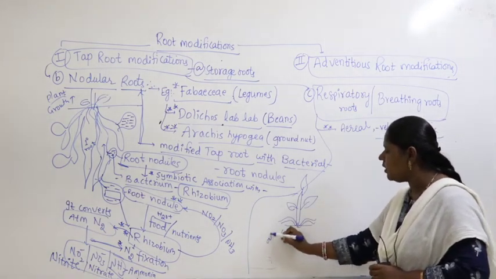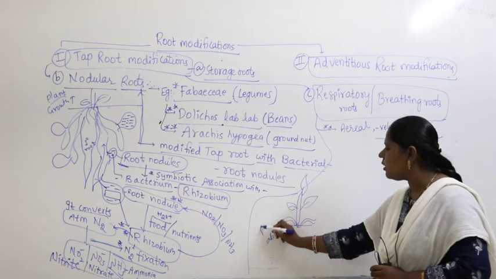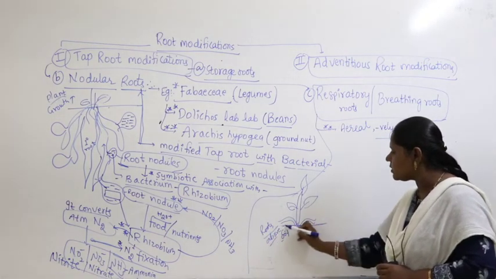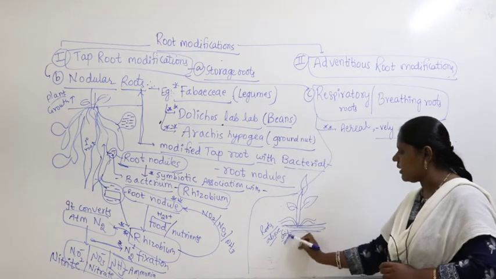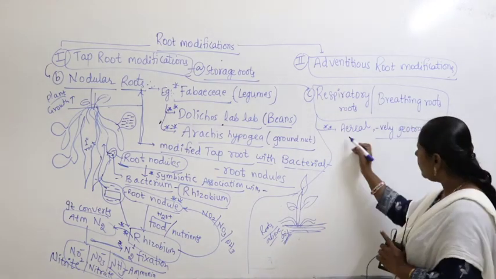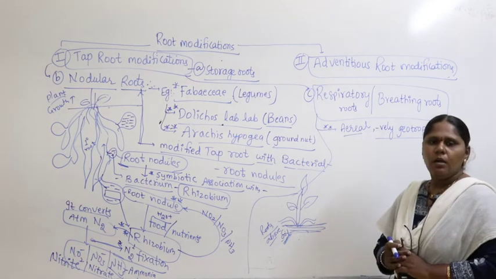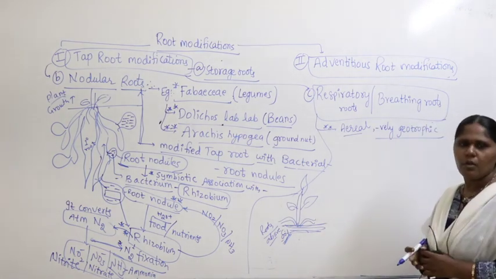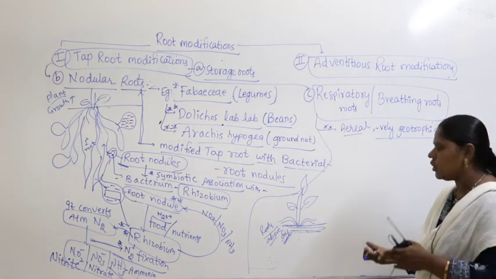They grow above soil. Roots are found above the soil level. This is soil. Above the soil, so they are called aerial. Then what is meant by negatively geotrophic?